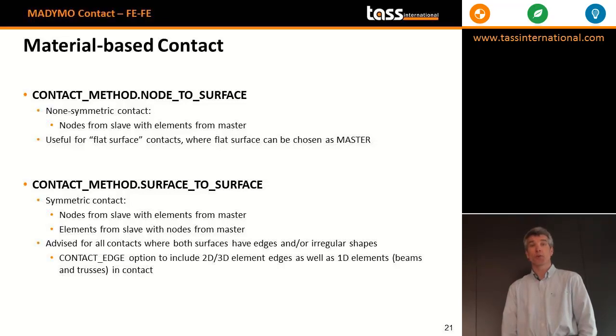For that, you have to consider which has to be the slave and which has to be the master surface. It's a faster calculation than the surface to surface, but you might experience contact issues. The surface to surface is a symmetric contact, meaning master and slave are swapped. If you define a contact edge, it's even possible to define contact with beams and trusses.